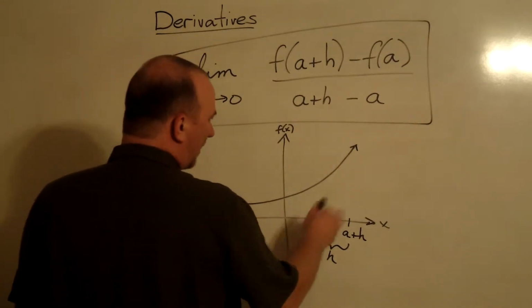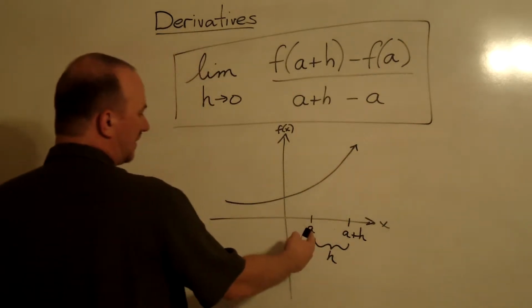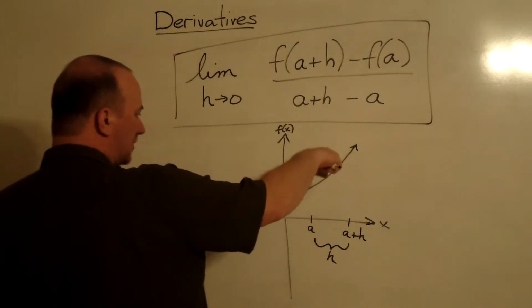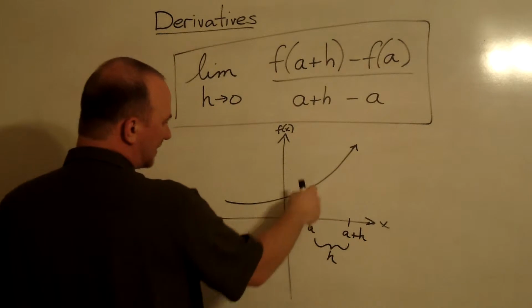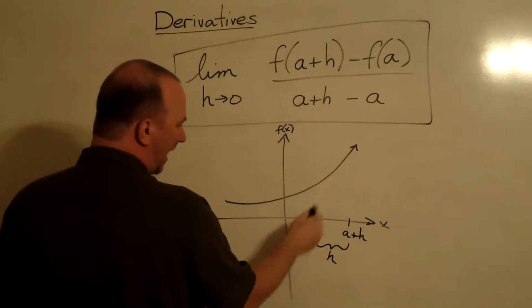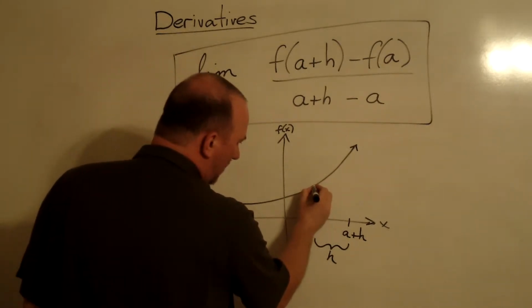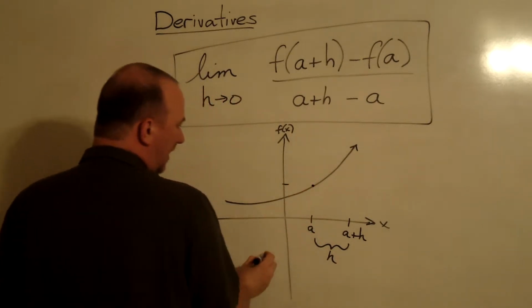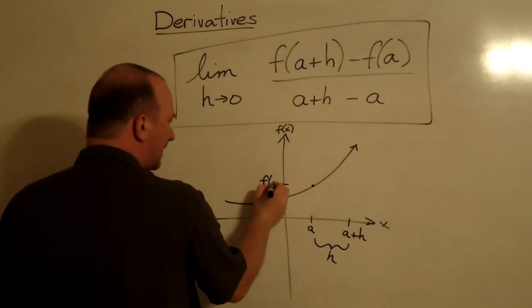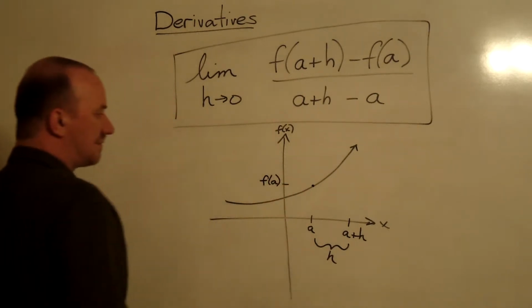If we plug this value into the function, remember this is the function, we would evaluate this function at a, and the number that we would get is this value right here, which would be f of a.